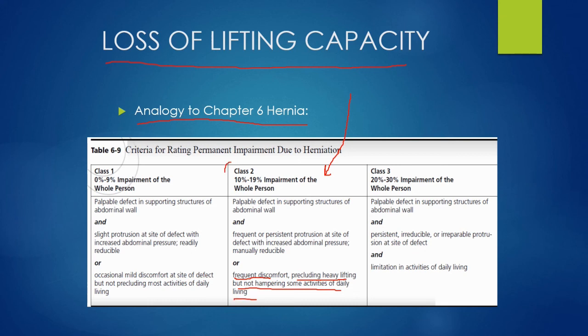And this allows for 10 to 19% impairment of the whole person. And you can use your clinical judgment in coming up with an impairment rating between 10 and 19%.